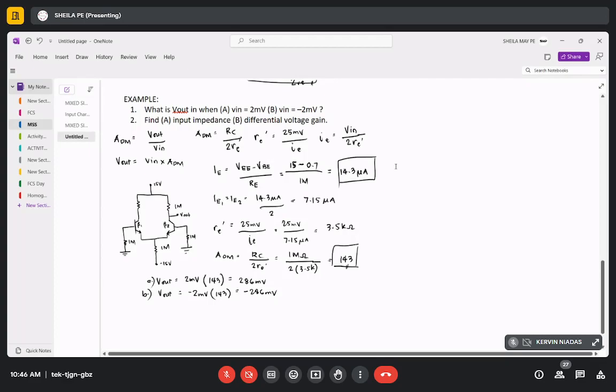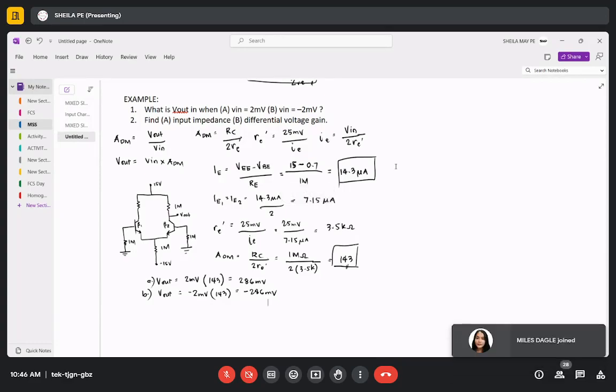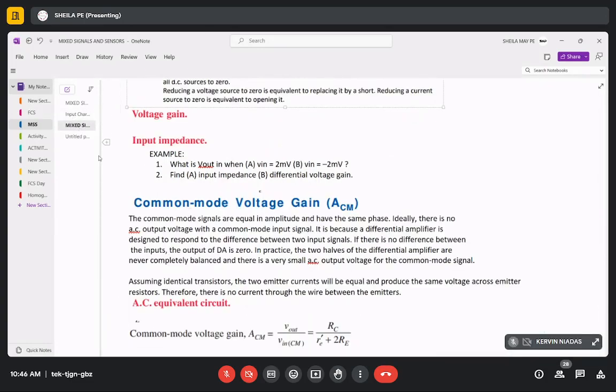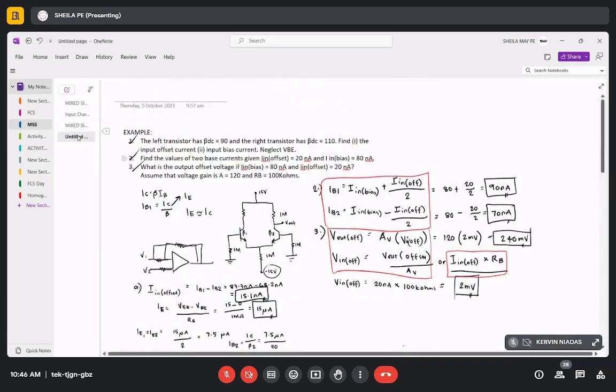Now for number two, it is for the input impedance.